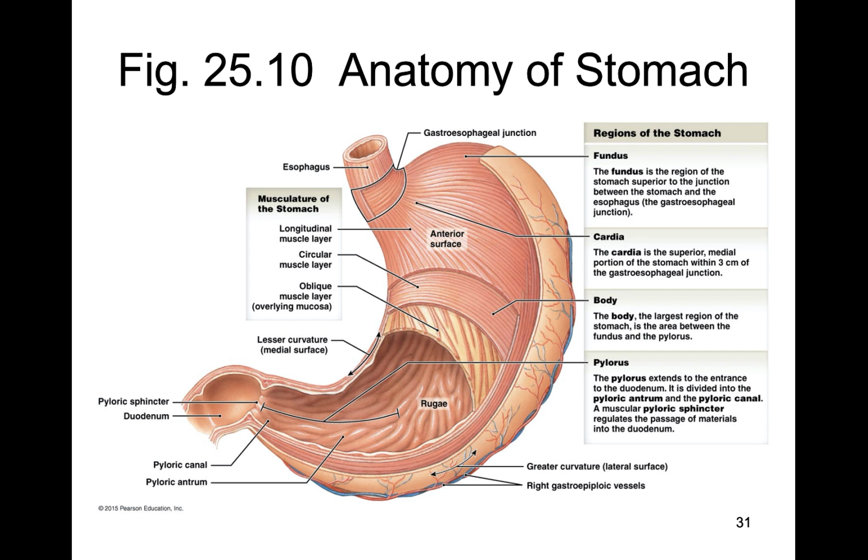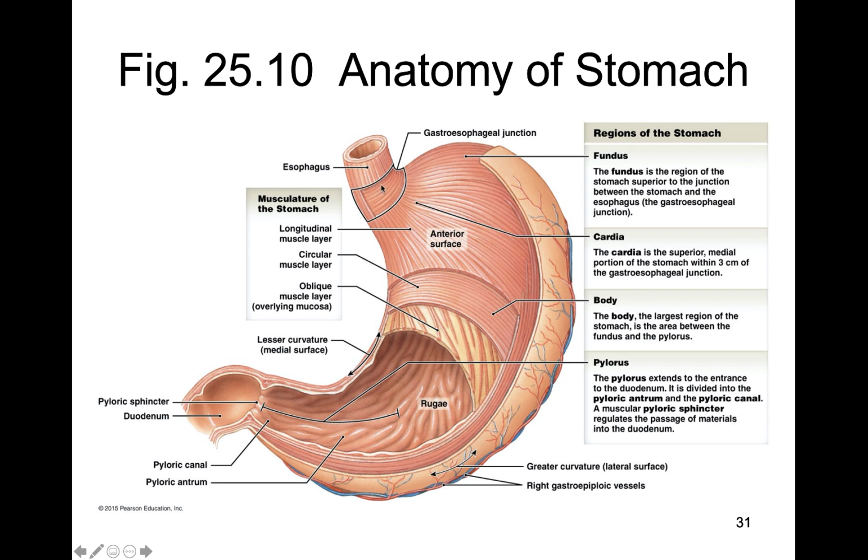So here, the smooth muscle in your stomach is moving the food so the chemicals can come in contact with the food. Inside the stomach, you're gonna have these folds, and these are called rugae. These are wrinkles, and they are going to increase the surface area for the chemicals to be secreted. And you have these 2 layers, longitudinal and circular layer there.